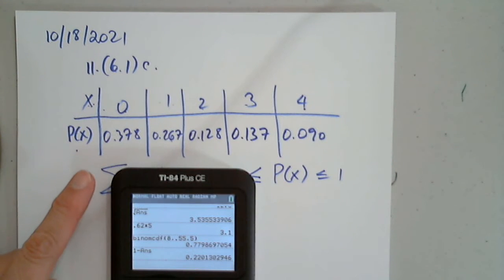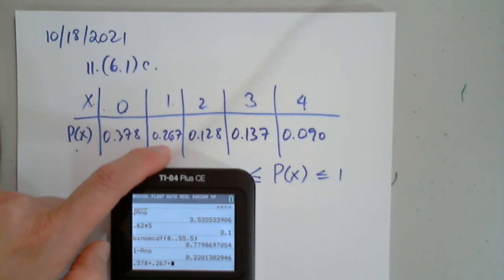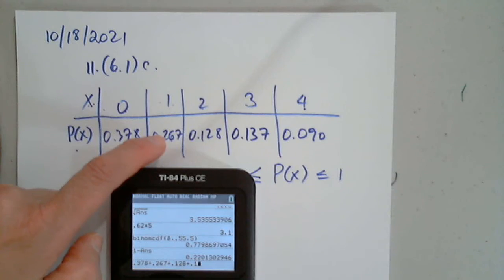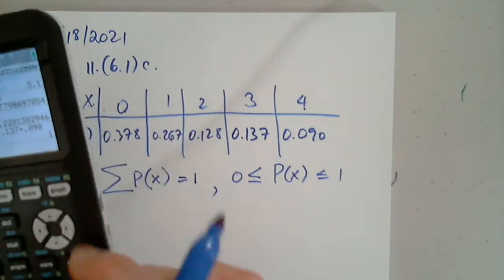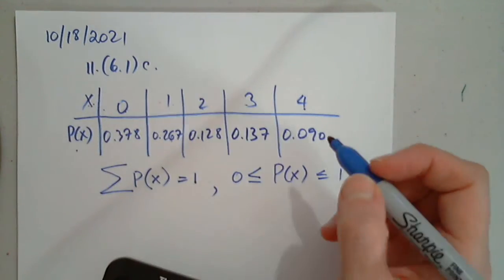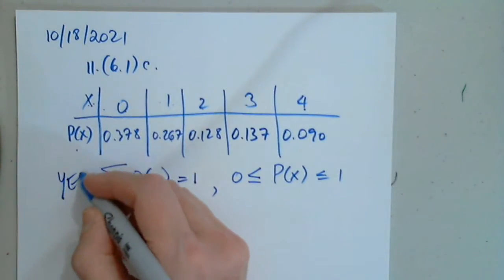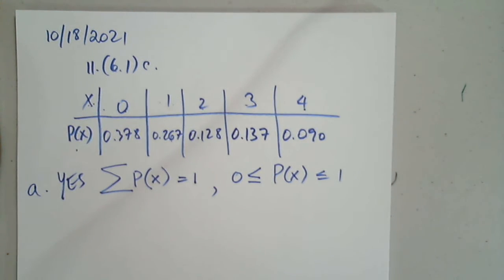So I'm adding them up: 0.378, 0.267, 0.128, 0.137, and 0.090. And I got exactly 1. Nothing below, nothing above. So I will say yes for part A. I checked. Now for part B.